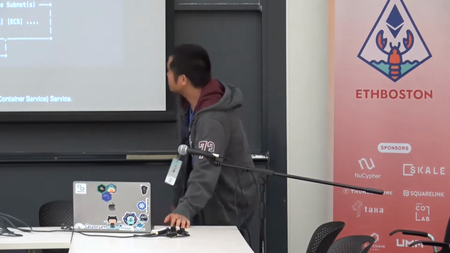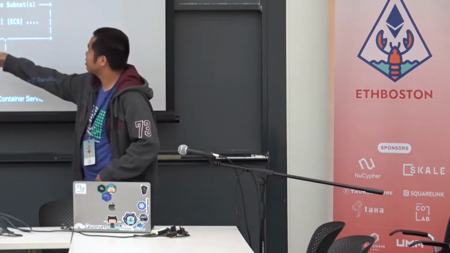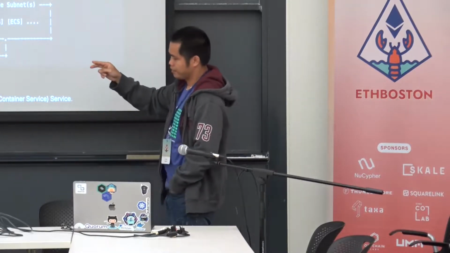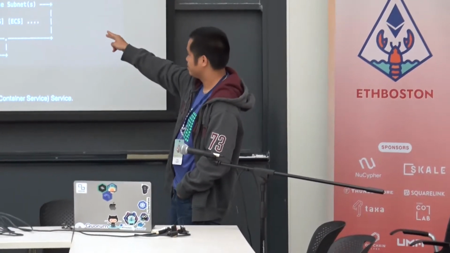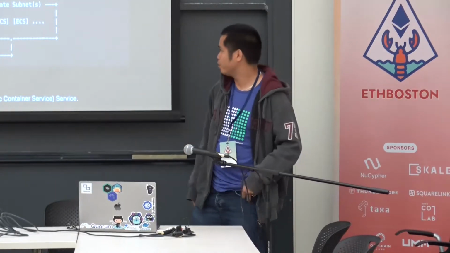So the architecture is like this. It's very simple. It's all AWS environment. So we've got a public subnet. So there are 2 subnets that segregate the bastion node and the actual Quorum network. The actual Quorum network is in the private subnet, so it makes it easy for you to scale as many as you want.